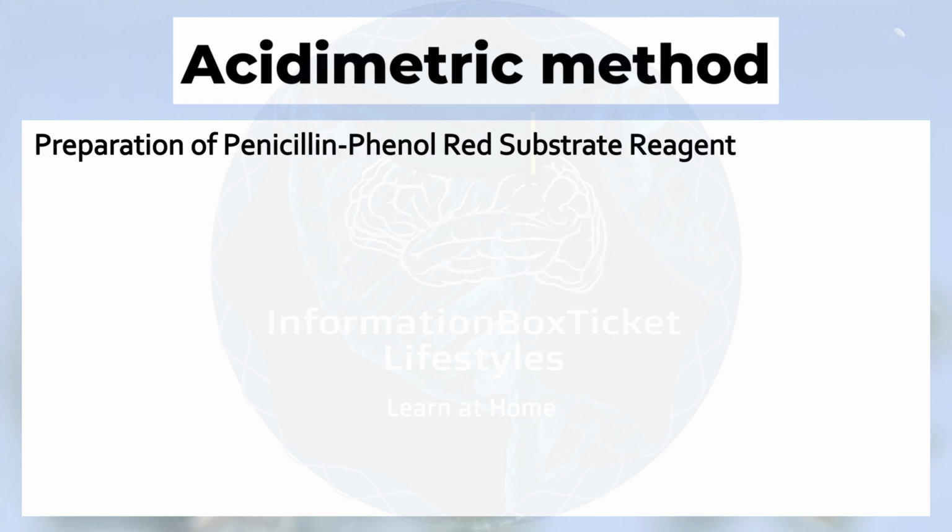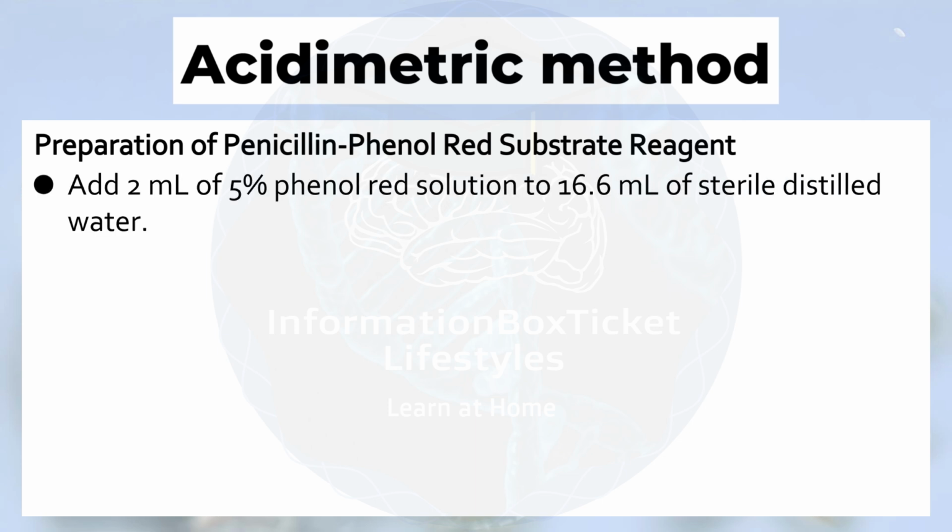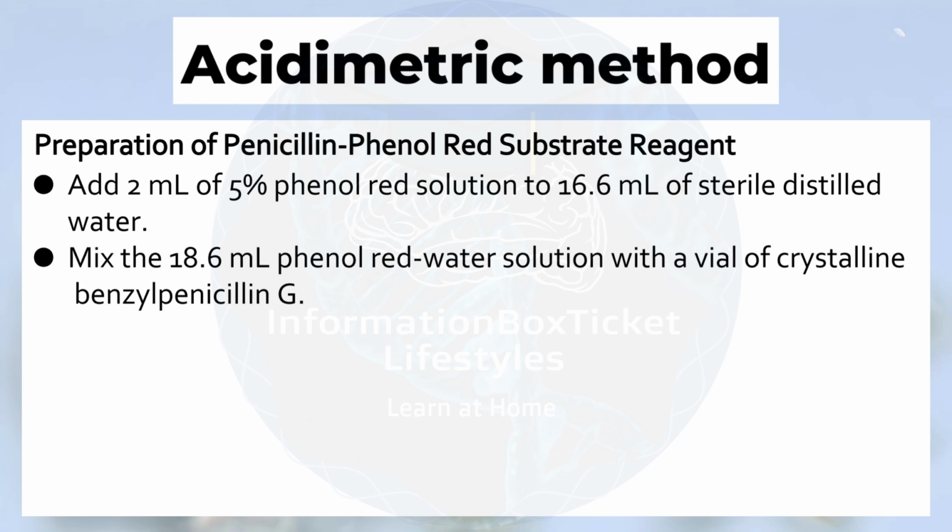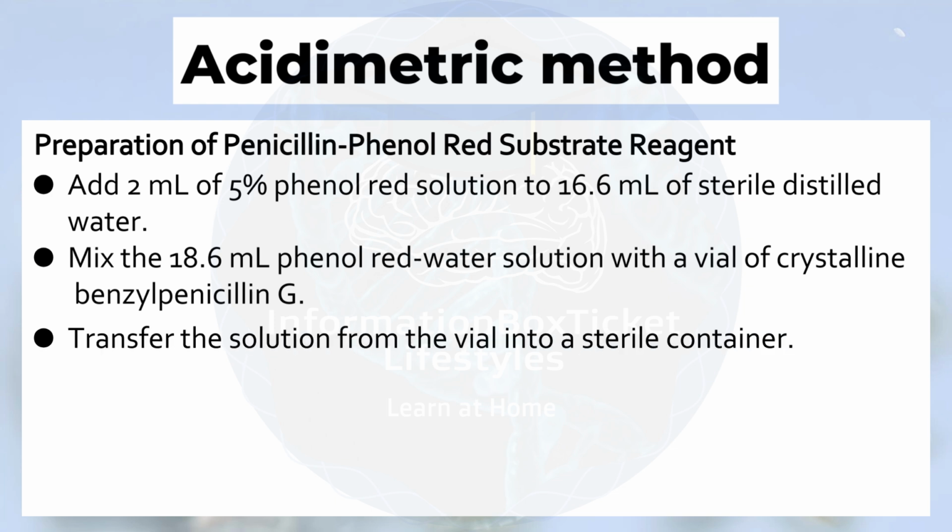Preparation of penicillin phenol red substrate reagent. Add 2 milliliters of 5% phenol red solution to 16.6 milliliters of sterile distilled water. Mix the 18.6 milliliter phenol red water solution with a vial of crystalline benzyl penicillin G. Transfer the solution from the vial into a sterile container.